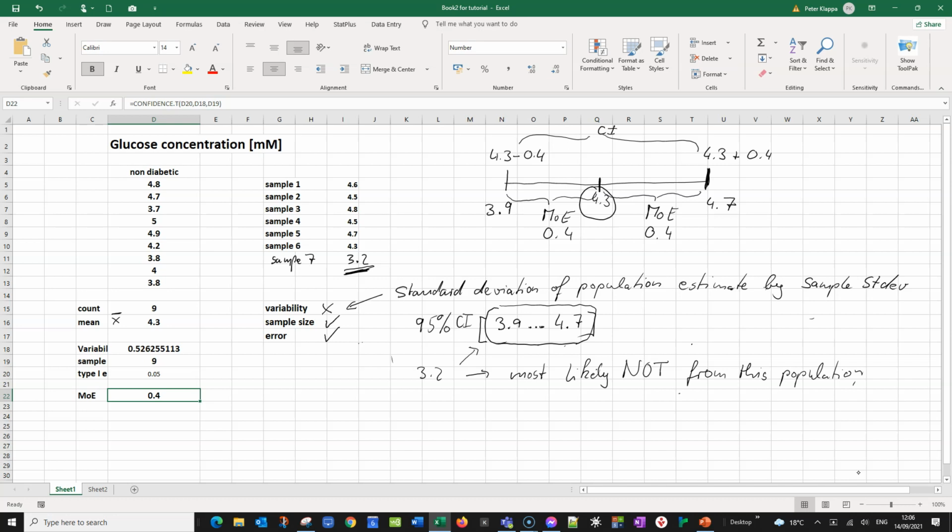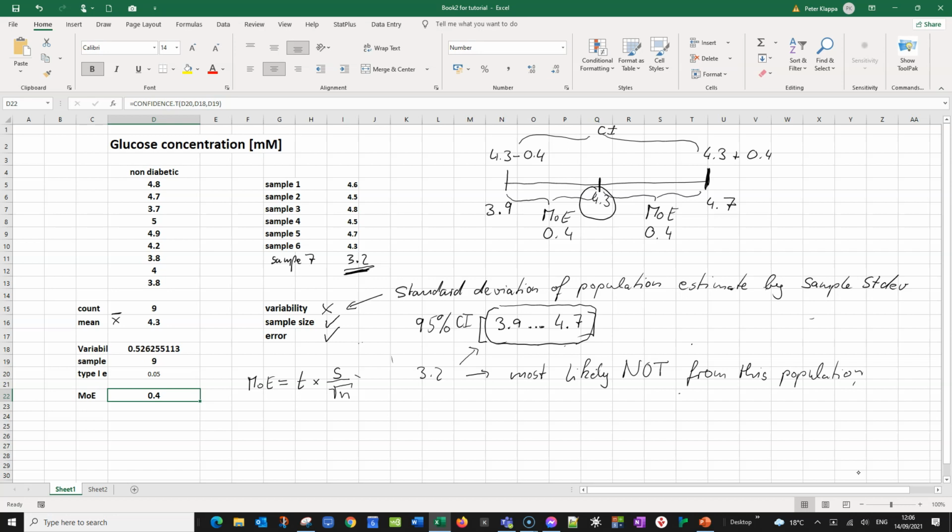And that is how we actually calculate this confidence interval. The equation for this margin of error actually looks like this. We need a critical t-value, and we will discuss what this is, times the standard deviation divided by the square root of the sample size.